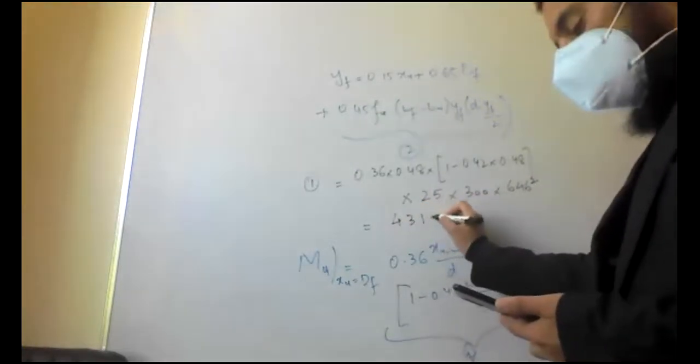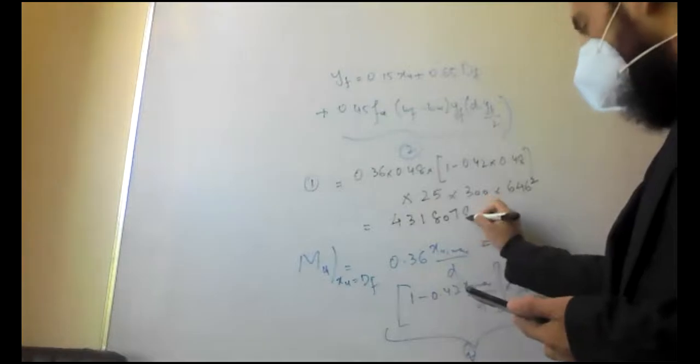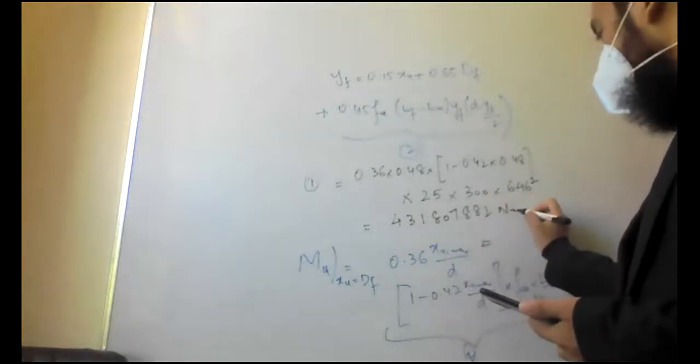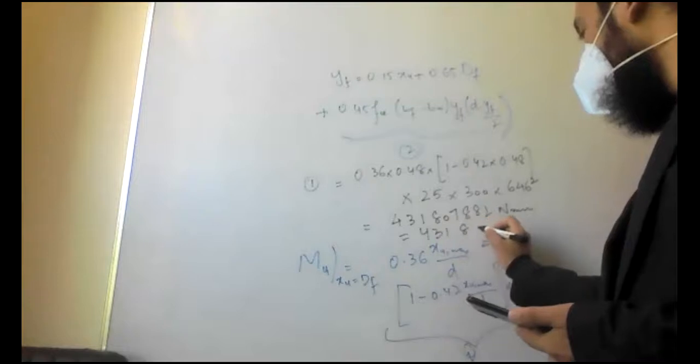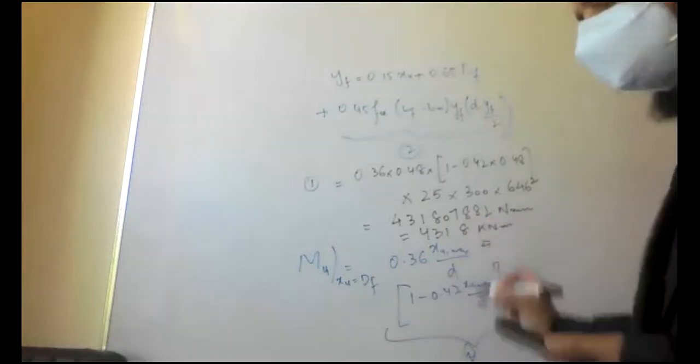It's 431,807,882 Newton mm. So that would be 431.8 kilonewton meter.